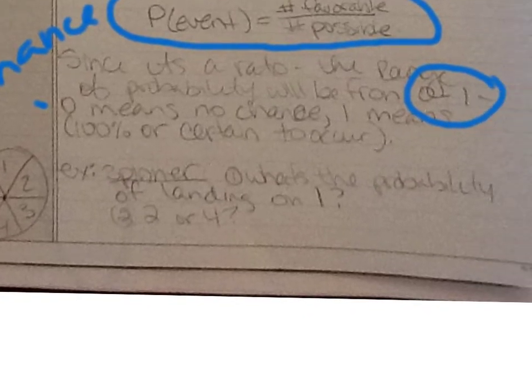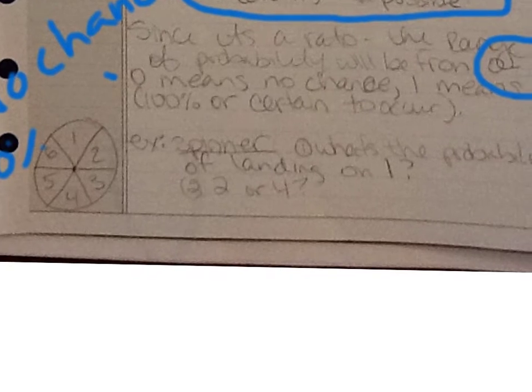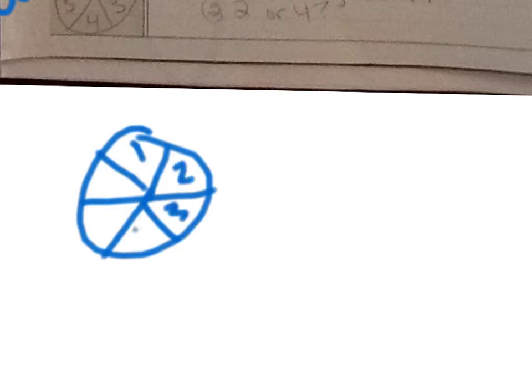So let's try this. We have a spinner, and it's a 6-piece spinner. What's the probability of landing on a 1? One, two, three, 4, 5, 6.